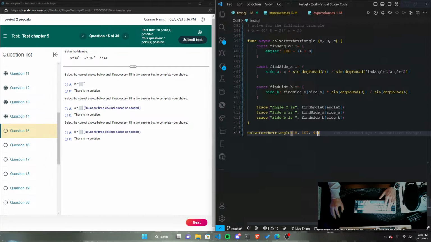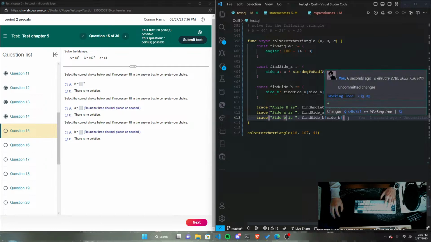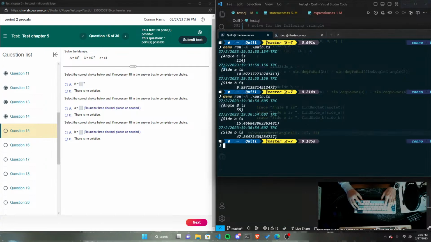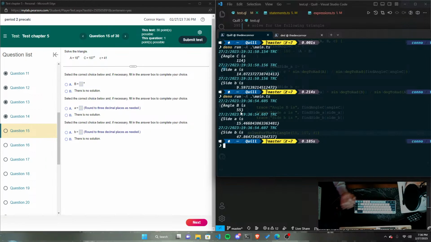So angle C is going to be angle B, side A, so side B is going to be, so do it like this. Yeah, because those are the ones that we were finding. So we get B is 55. So just double check that.